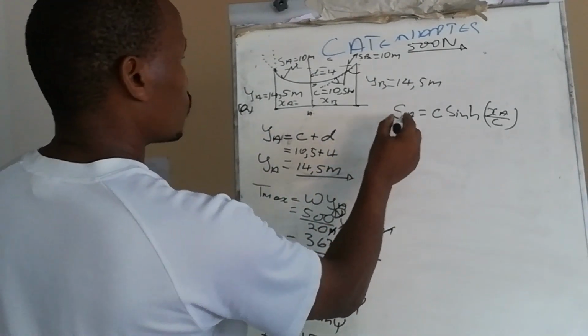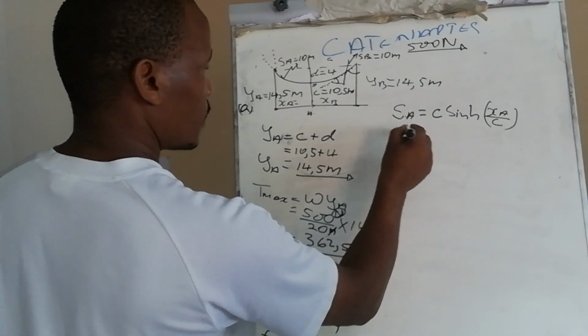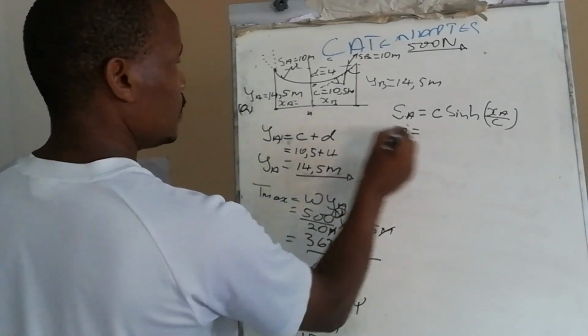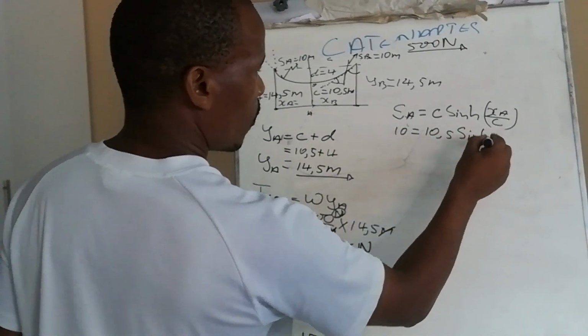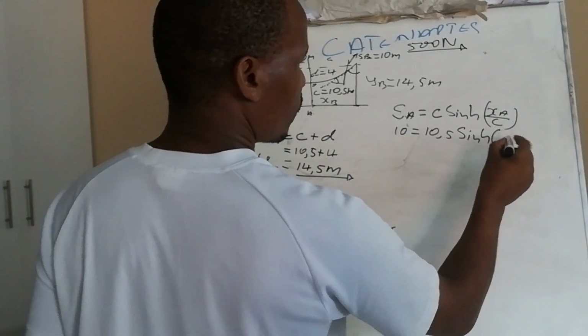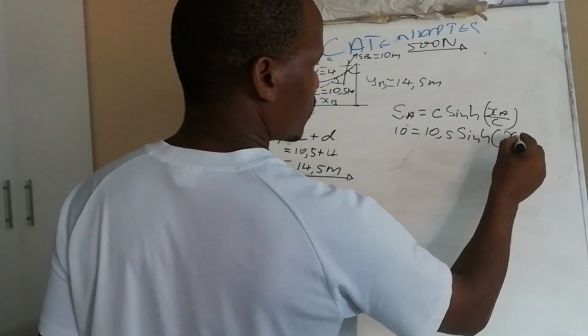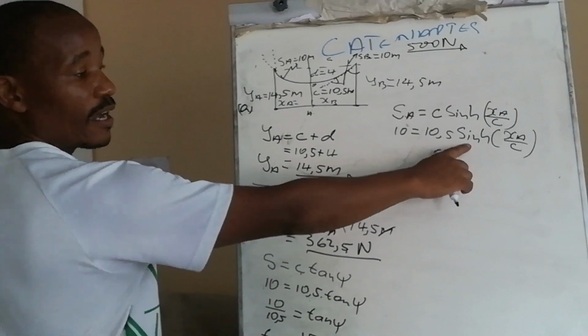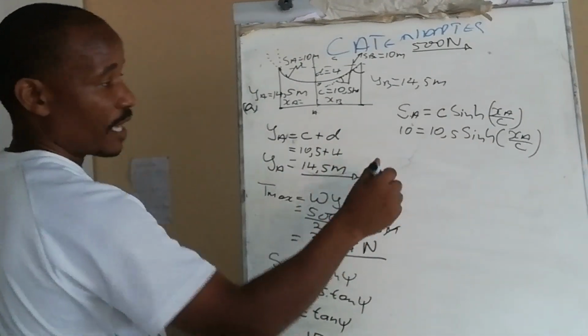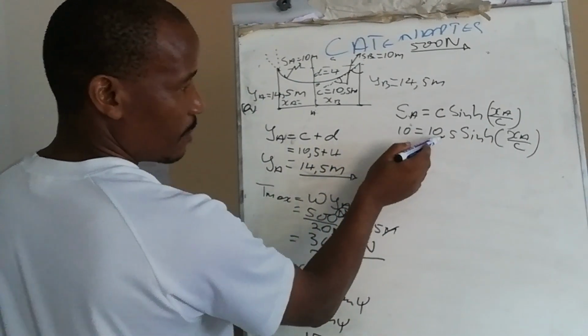And SA is equal to 10, which is equal to C, which is 10.5, hyperbolic sine of XA over C. First, let's divide by 10.5.